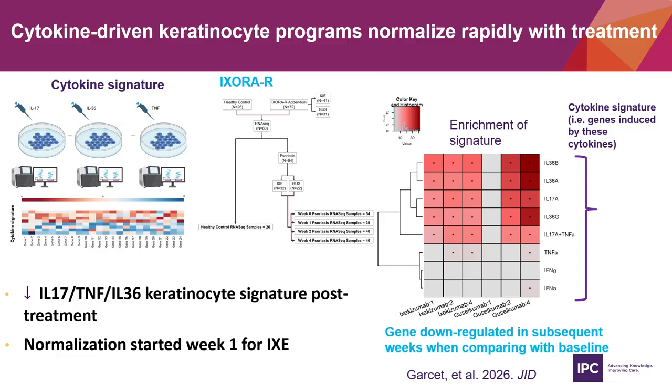These are the data integration that we have, and the heat map here is showing the genes that got induced by different cytokines. How many of those are enriched among genes that got normalized by the two treatment groups under different weeks? You see that there's downregulation of the cytokine signatures, especially for IL-17, TNF, or IL-36 post-treatment. And especially for ixekizumab, we could start to see the normalization as early as week 1. So we are now defining certain cytokine signature changes.